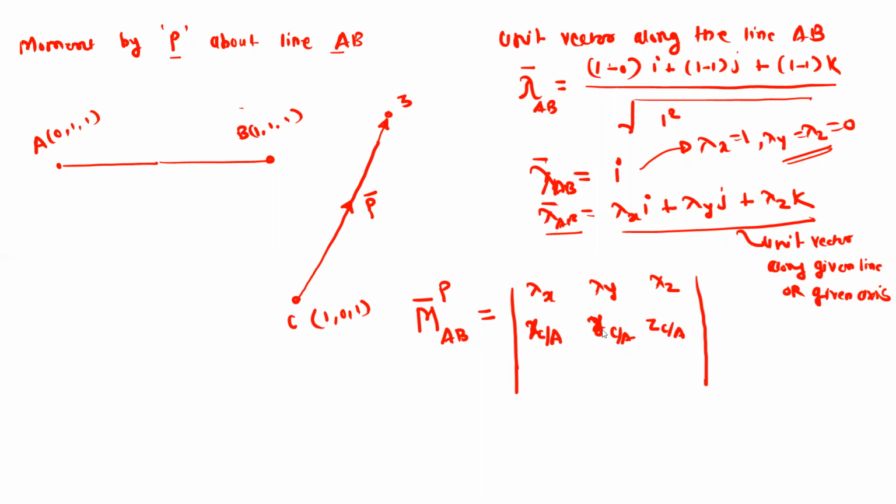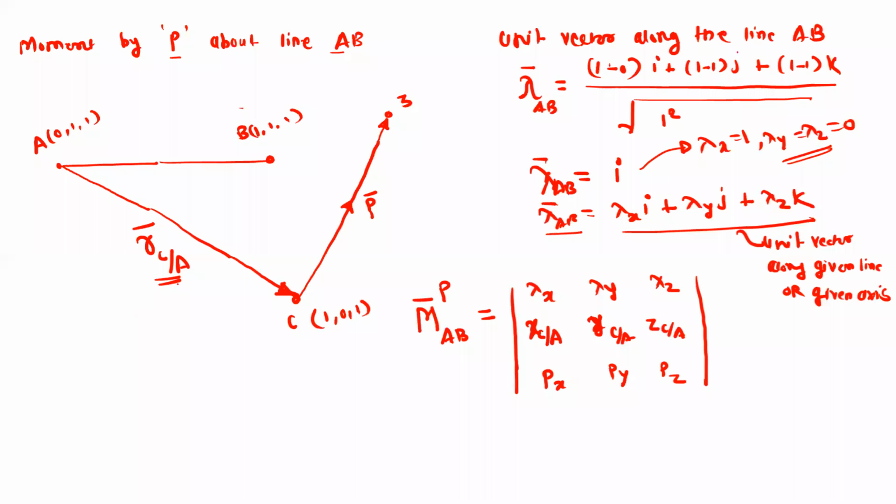Draw the vector from point A to the starting point of the force vector. C is the starting point for the force vector, so connect point A to point C. This becomes the position vector r bar C/A. The last row will be the force vector: Px, Py, and Pz.